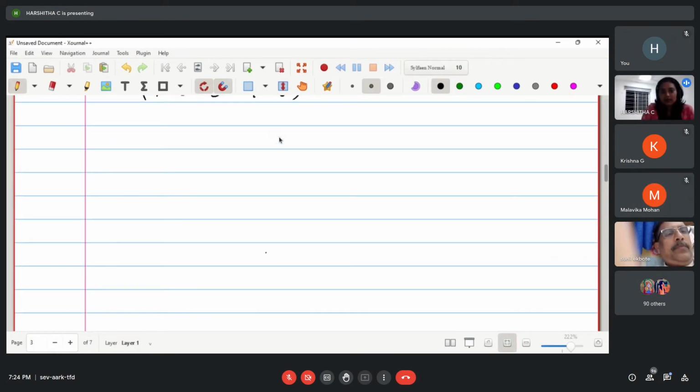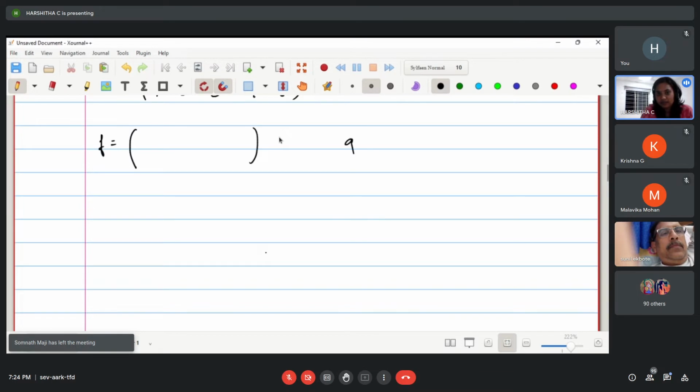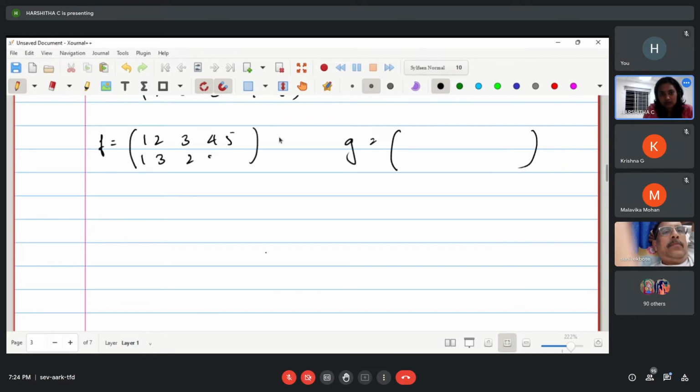Okay. So we have a permutation F and we have a permutation G. What do we mean by product? You know they are functions from S to S, right?